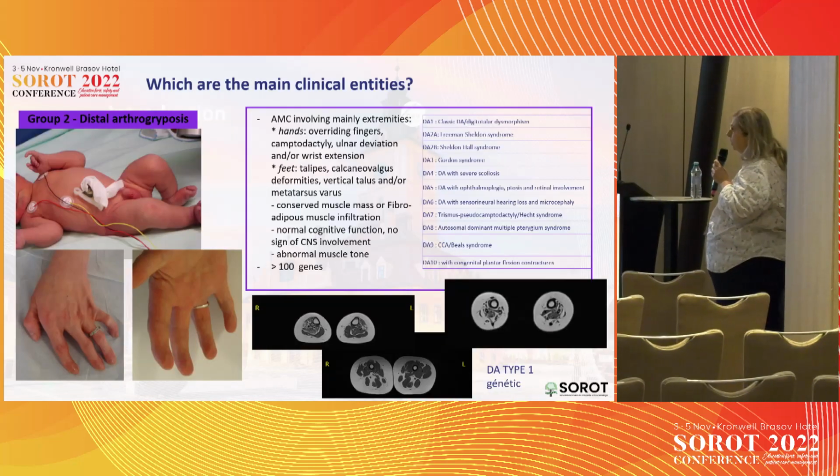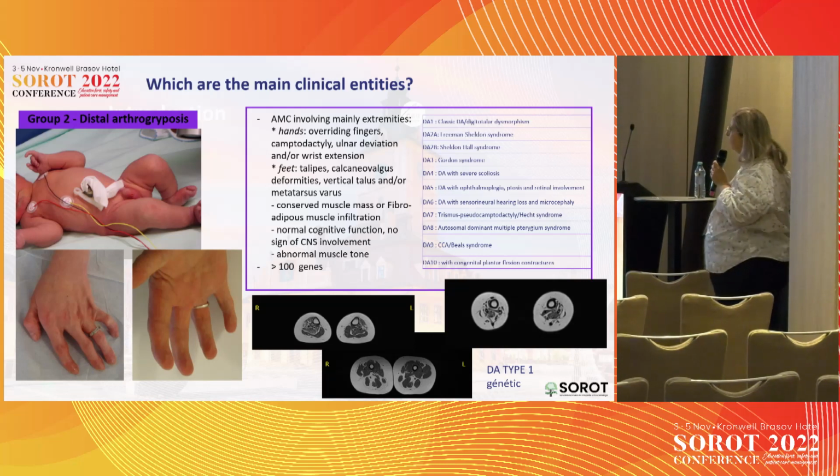Second, distal arthrogryposis, as you can find in DA, and it's about mainly the extremities. There are more than 100 genes that we now know.